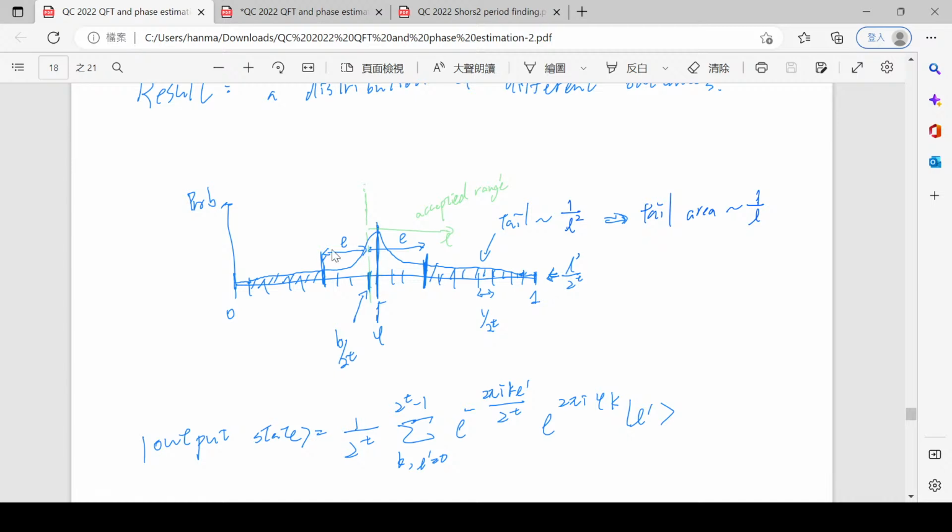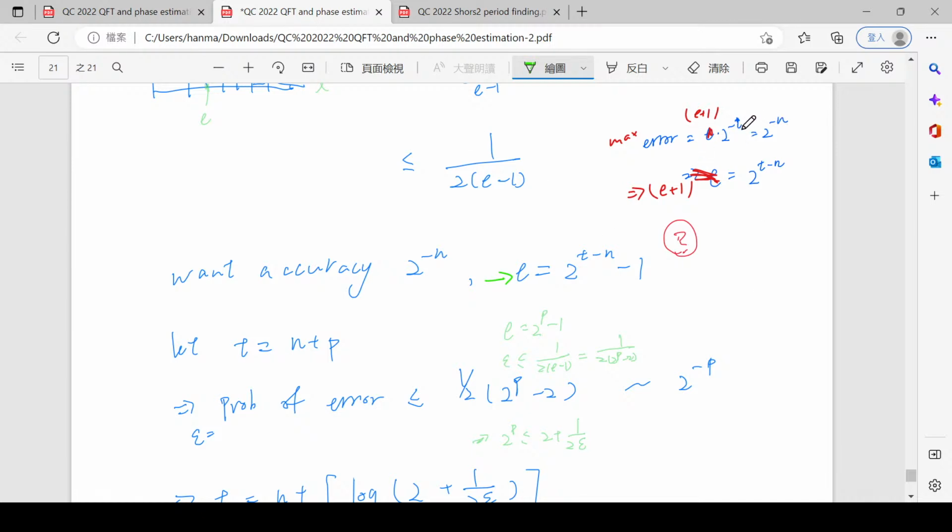So the maximum error is e plus 1 ticks, and each tick is 2 to the minus t. So the maximum error is (e plus 1) times 2 to the minus t, and we want this to be 2 to the minus n. That's how you get e equal to 2 to the t minus n, minus 1. You just move things around. So that's what we mean by precision.